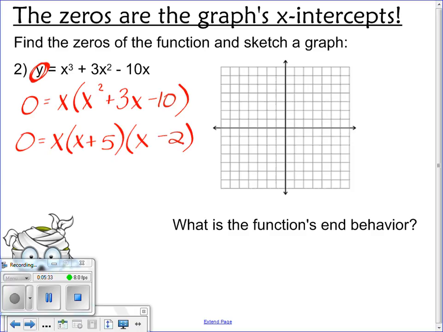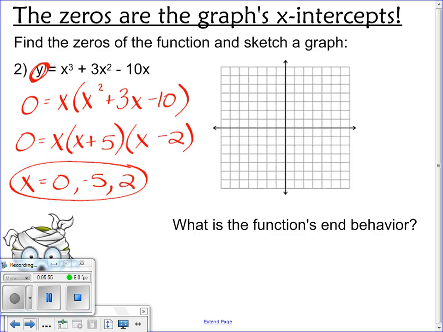All right, so if I go to solve, x equals 0, negative 5, and 2. If you need to show your work, setting them equal to 0, solving, you can do that, okay? I'm just hopeful that we're to the point where we don't have to write that down, okay?